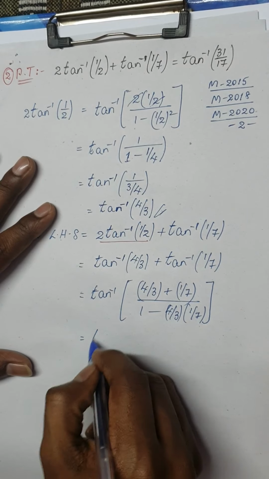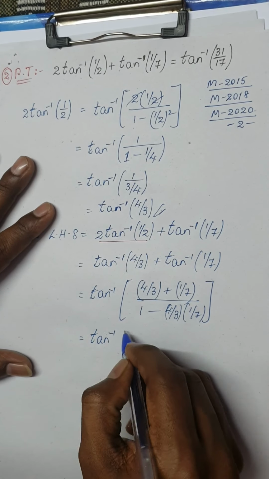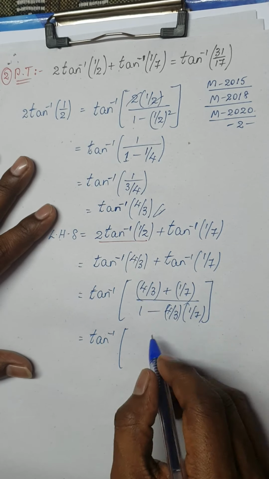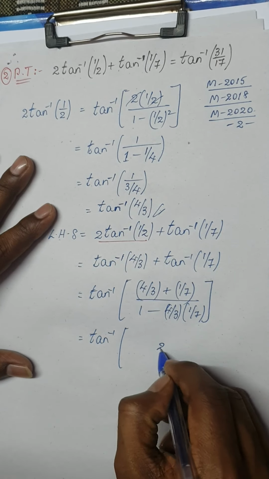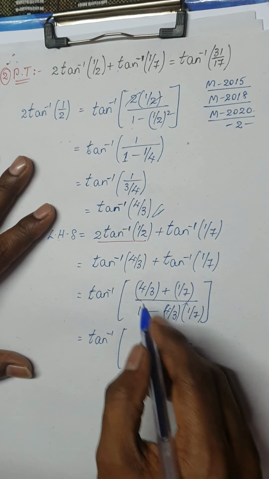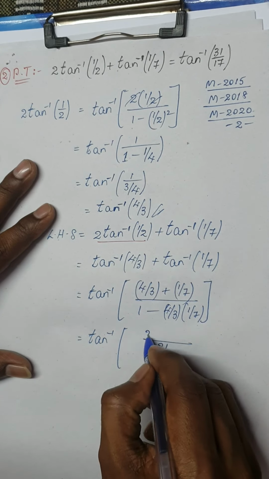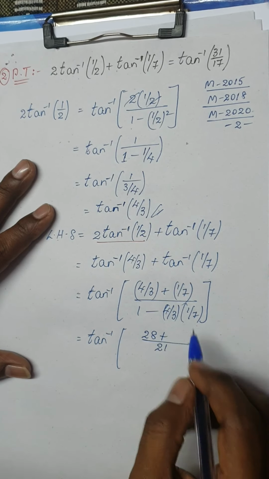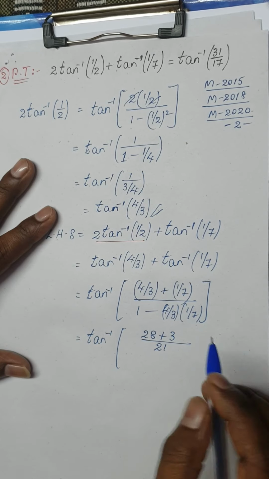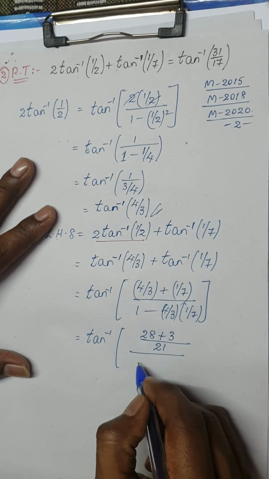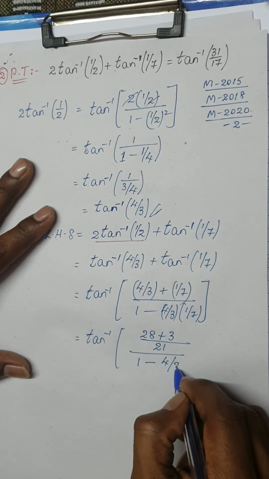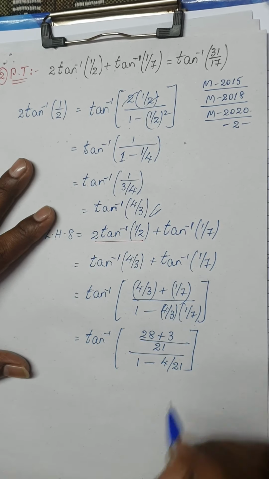So this is nothing but tan inverse of, if you take the LCM in the numerator, the LCM of 3 and 7 will be 21. Now 3 7s are 21, so multiply 7 to 4, so 7 4s are 28. Plus 7 3s are 21, multiply 3 to 1, it will be 3. Divided by 1 minus 4 by 21, 4 1s is 4 and 7 3s is 21.